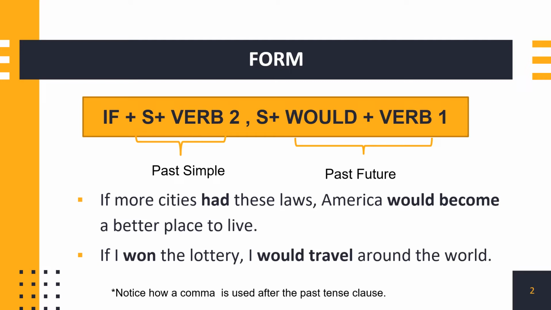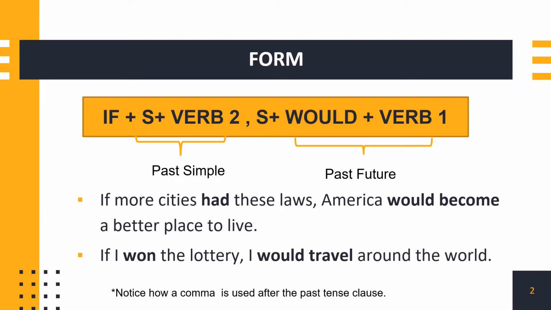And then the next example, if I won the lottery, I would travel around the world. The first clause or the if clause consists of if, subject I, and then verb 2 won from the first verb win. And the main clause consists of subject I, and then it is followed with would plus verb 1 travel around the world.